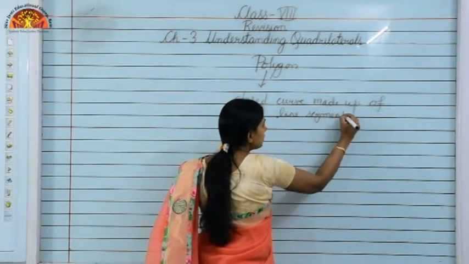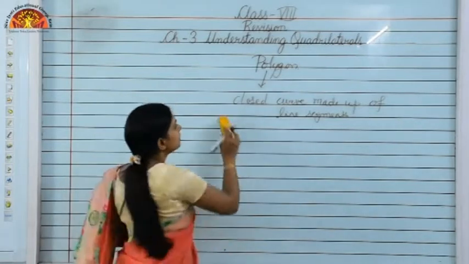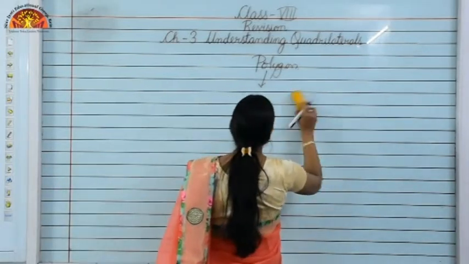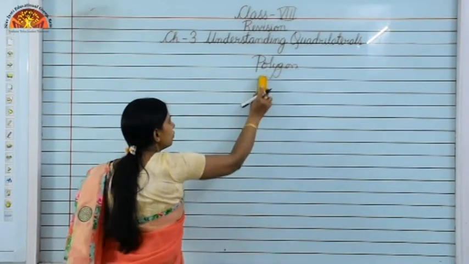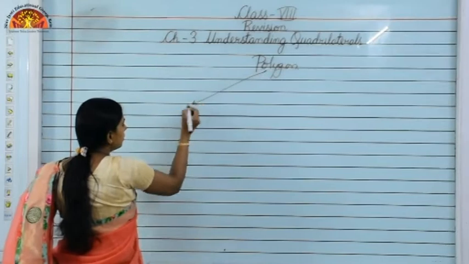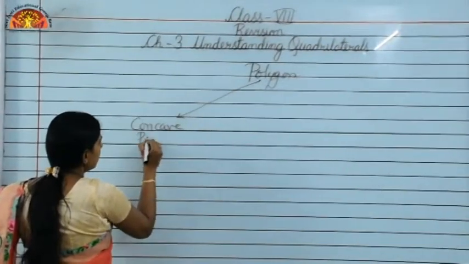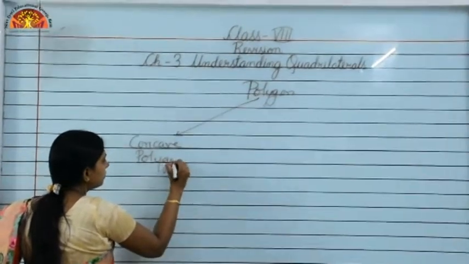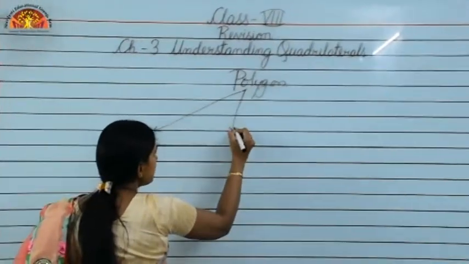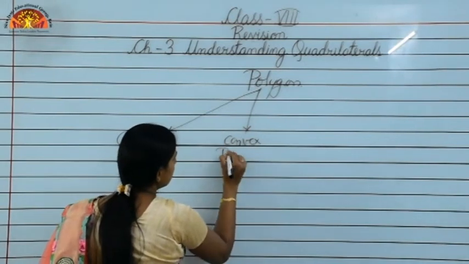Now there are 4 types of polygons. Let us study how many types of polygons there are. First is concave polygon. Second is convex polygon.